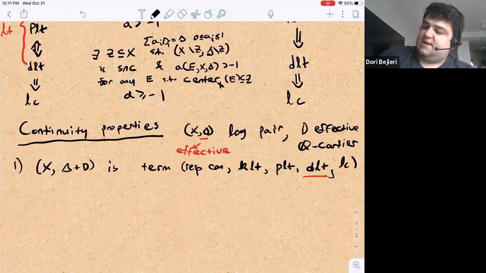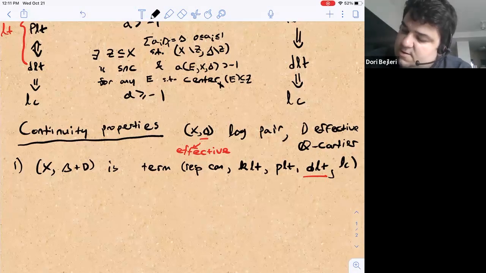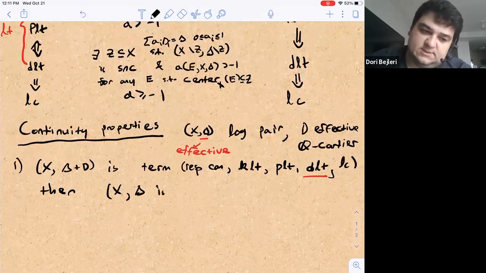So if you have that (X, Δ + D) is any of the singularity conditions, where D is some effective divisor that you've added, then (X, Δ) also has these singularities.